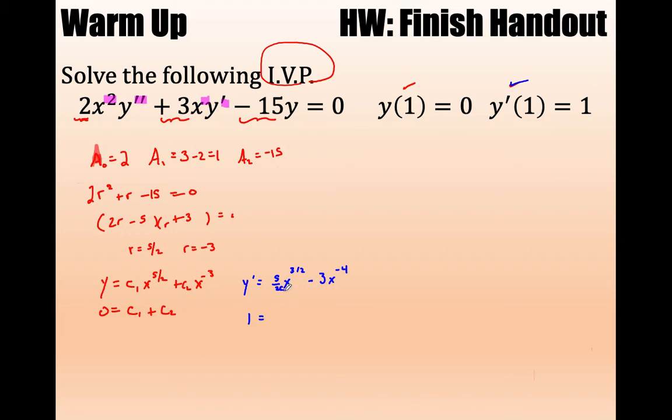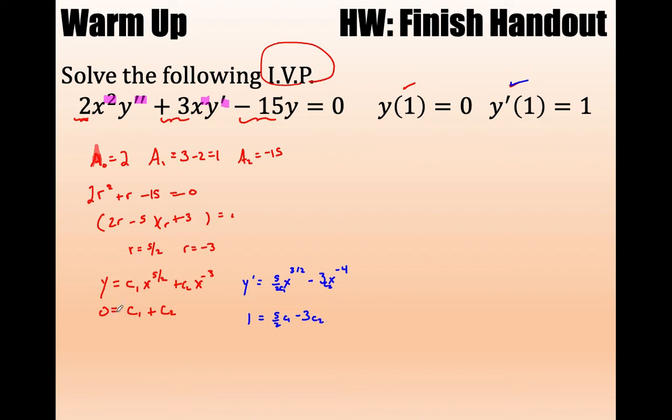C1 goes in here and C2 goes in there. So when I put a 1 in for x, I get 5 halves C1 minus 3 C2.